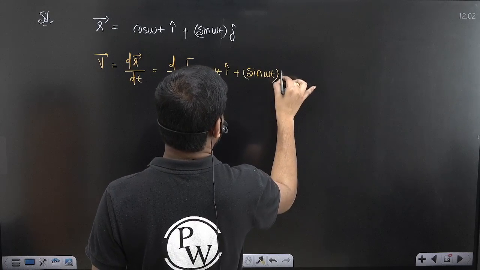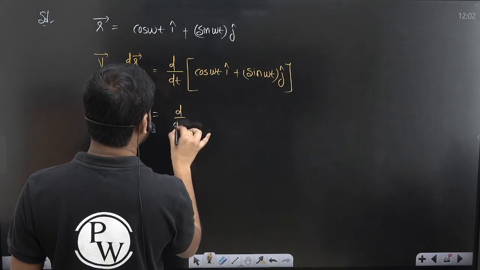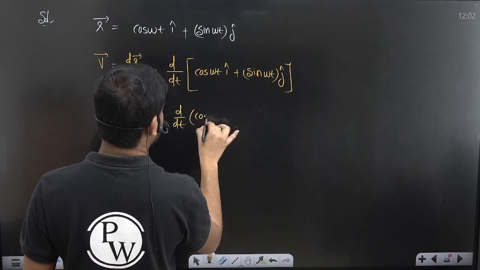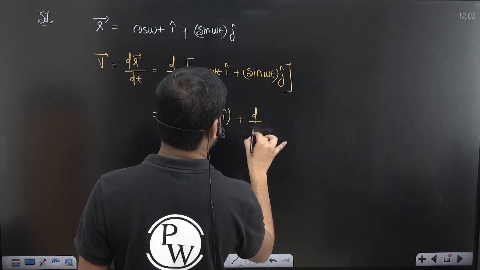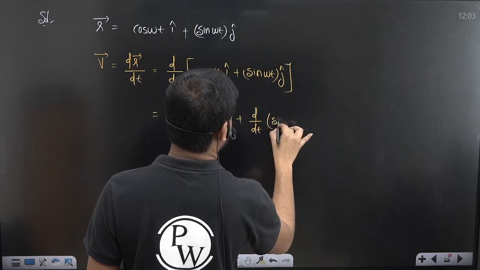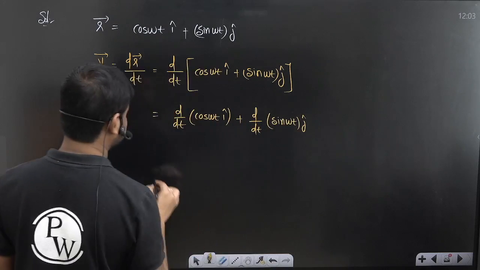If you want, you can split this into d by dt of cos omega t i cap plus d by dt of sin omega t j cap. Basic maths we discussed in detail.